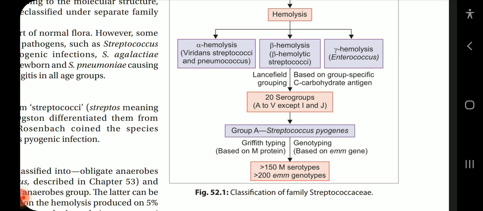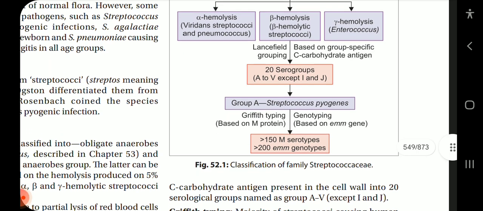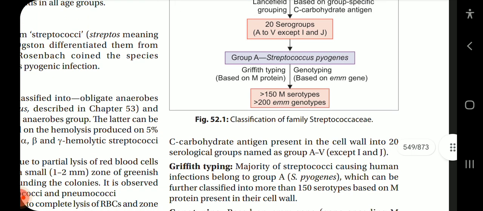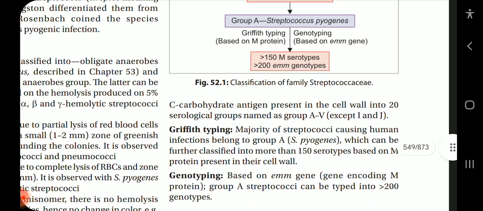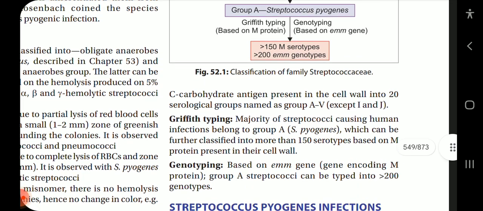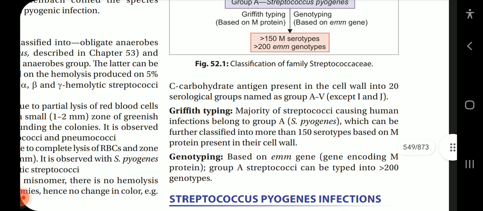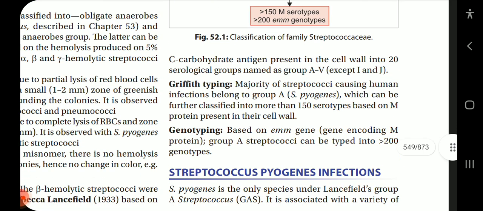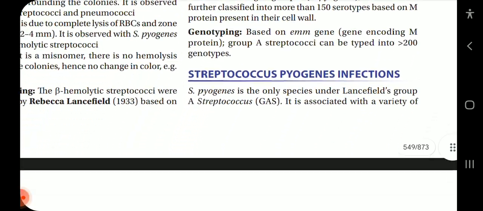The beta hemolytic streptococci, based on Lancefield grouping, on the group specific C carbohydrate antigen, is classified further into 20 serogroups A to V except I and J. Group A consists of Streptococcus pyogenes, with Griffith typing based on M protein and genotyping based on emm gene. It is classified into more than 150 M serotypes and more than 200 emm genotypes.